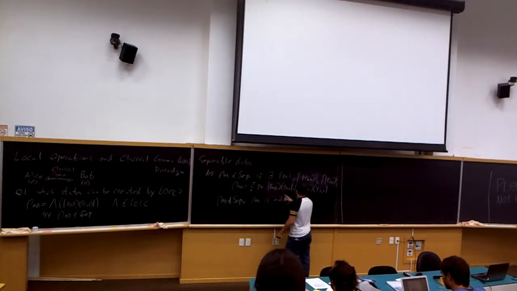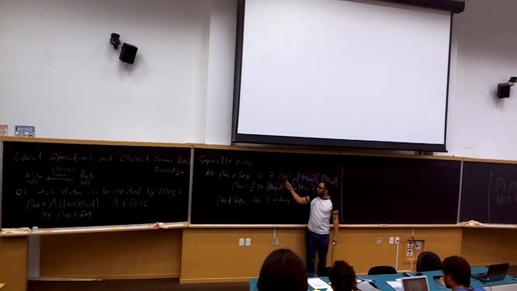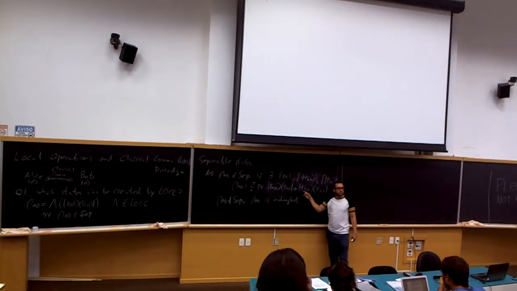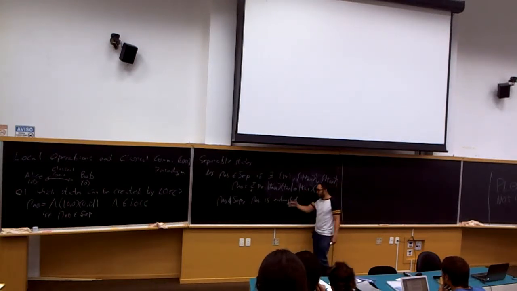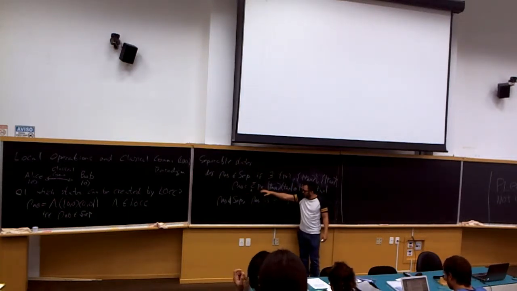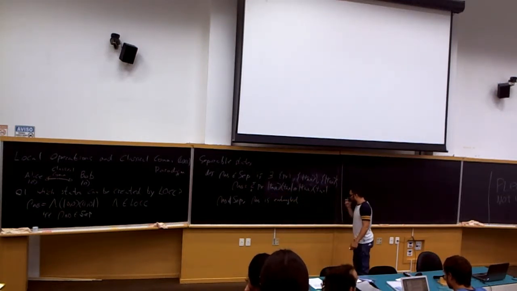Alice just samples from this probability distribution, a random variable, and she gets outcome k. Then she communicates this outcome to Bob. Alice prepares locally the state psi A k, and Bob prepares the state psi B k. The mixed state that this process prepares is exactly rho AB. So that's easy. Moreover, they don't even need communication; shared classical randomness would be enough. But with classical communication, this can definitely be done.